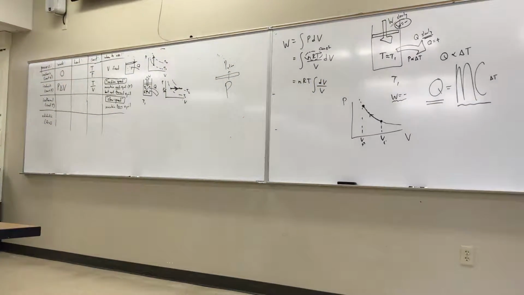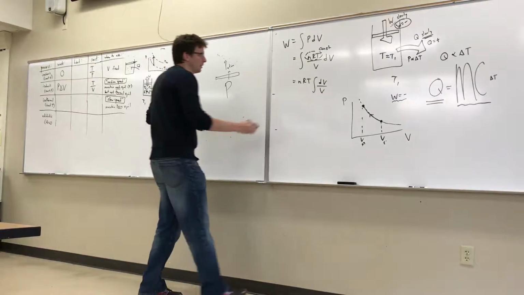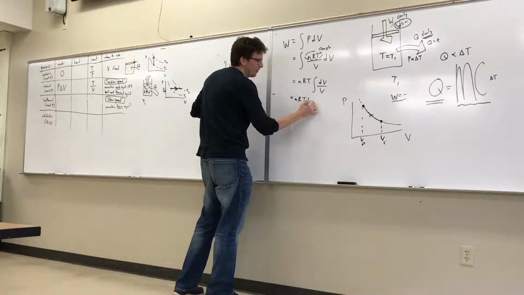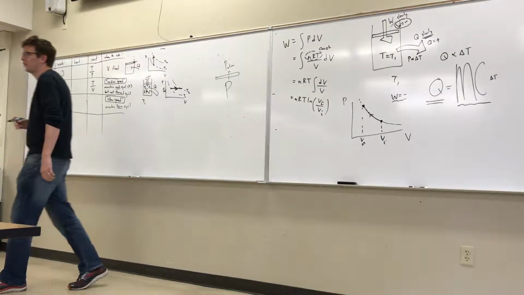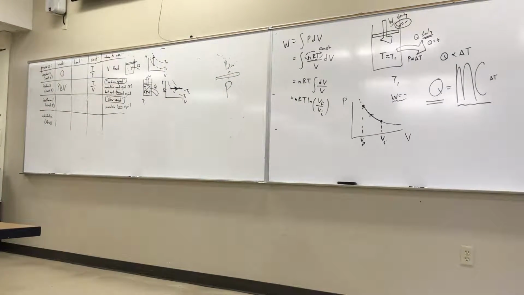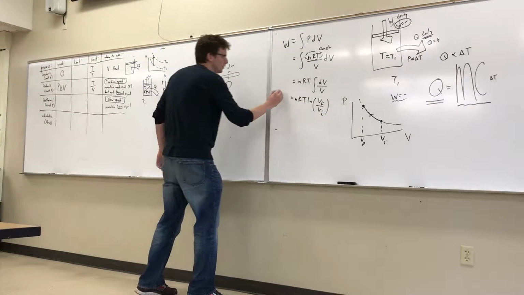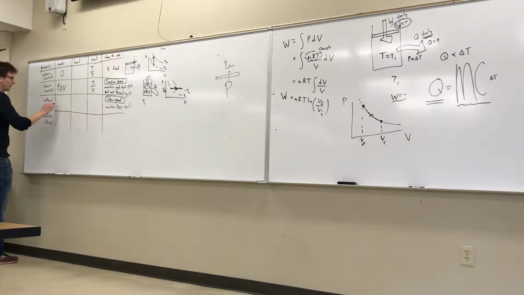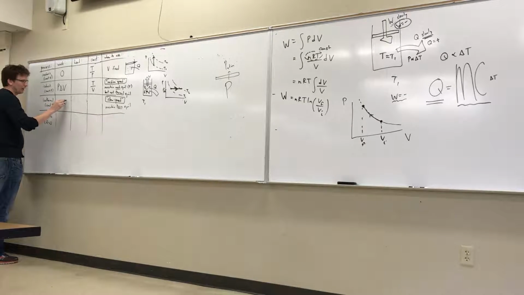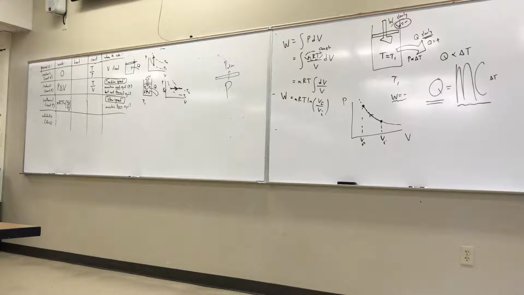And then I get integral of dV over V, which is what? ln, okay? And then I evaluate it over the bounds, and hopefully it doesn't bother you if I take the subtraction of natural logs and turn it into a division. So that's my work formula for the isothermal. Throw it in here. nRT ln of V final over V initial. So what's the T?